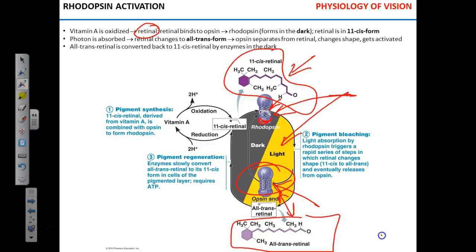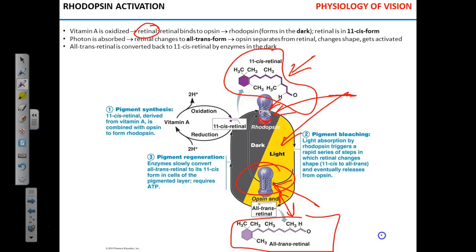You can try and make a personal representation of what's going on. Imagine that I am opsin, and this pencil is 11-cis retinol. Here I am, formed in the dark, bound to 11-cis retinol.